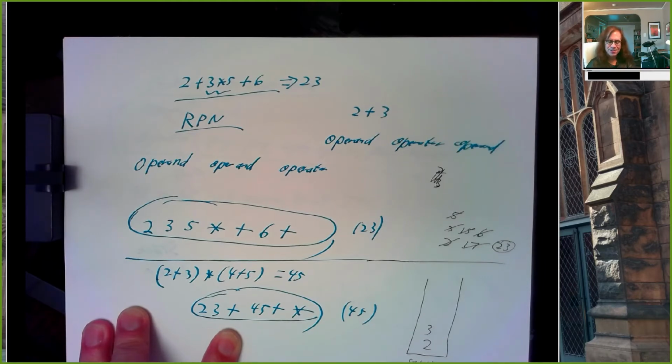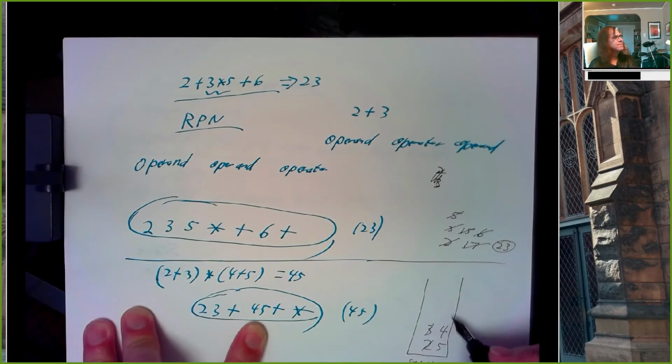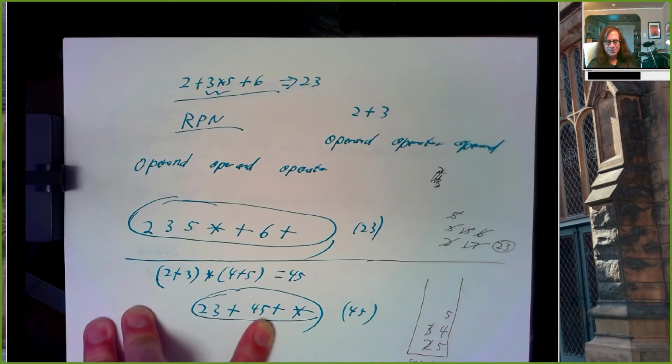Pop the operator. Okay, I pop off the 3 and the 2. The operator is a plus, so what do I do with the stack? Push a 5. There's a 4. Push the 4. There's a 5. Push the 5. All right, what does the plus do for us?